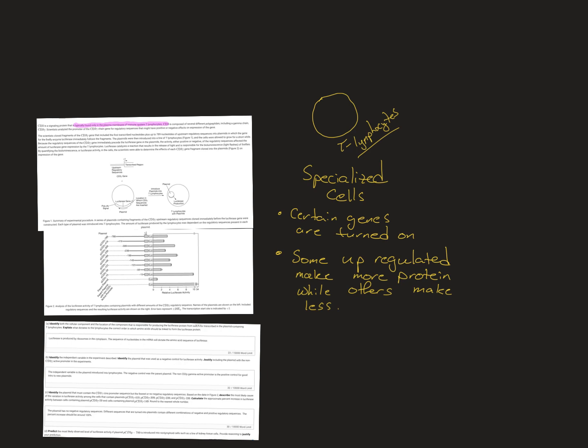So let's look at a muscle cell. A muscle cell is going to need a lot of contractile tissue, right? It's going to have a lot of fibers that let it contract, to squeeze together or to relax. So these muscle cells have to have a lot of what are called actin and myosin.